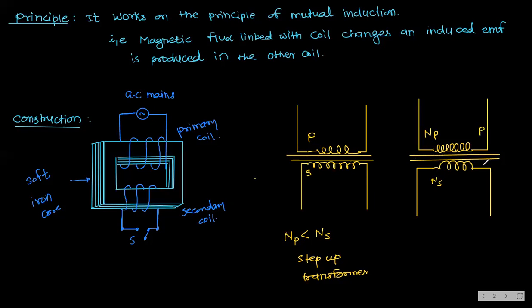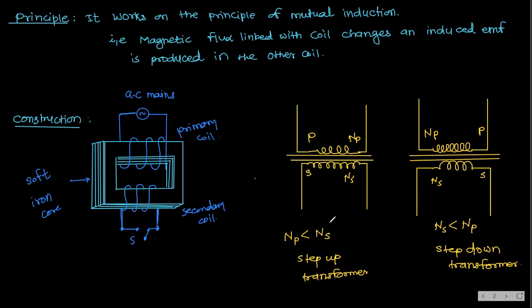This is primary, this is secondary. Here also NP, here also NS. NP and NS mean number of turns in primary, number of turns in secondary. So this is which one? NS is less than NP, and that's why I'm calling it a step down transformer.